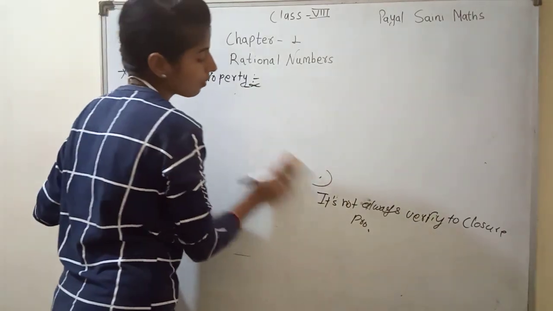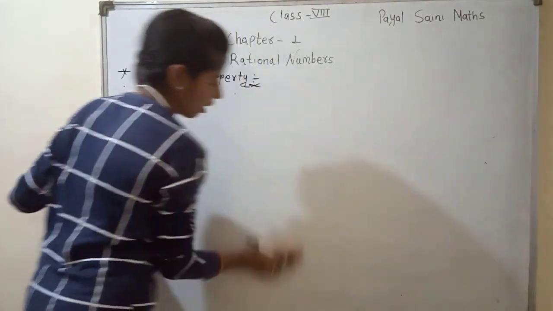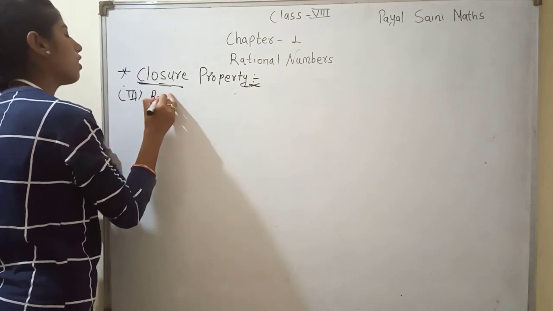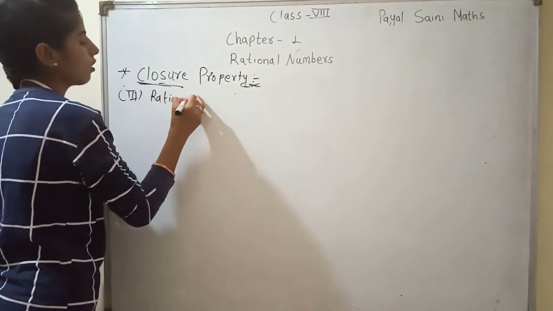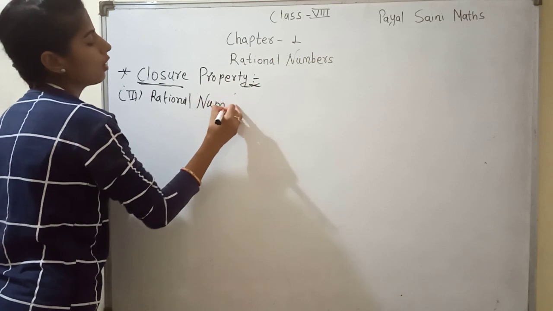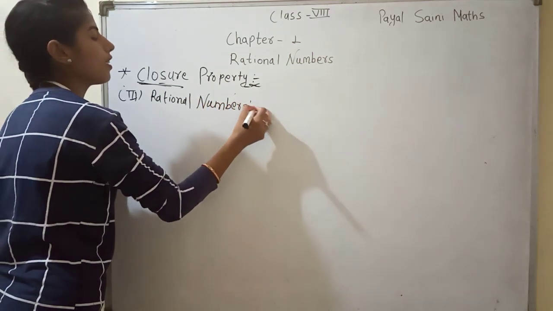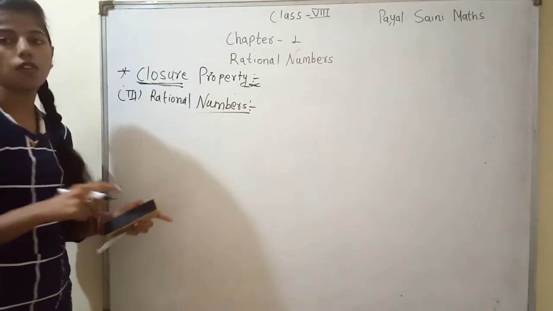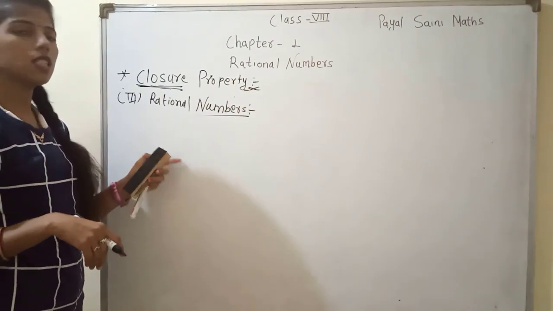Now we start our chapter, and your third point is rational numbers. Now we check closure property in rational numbers. First is for addition, second is for subtraction.